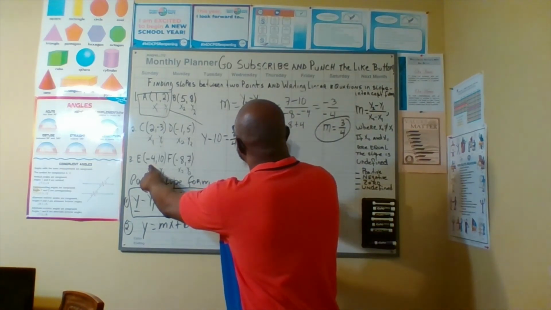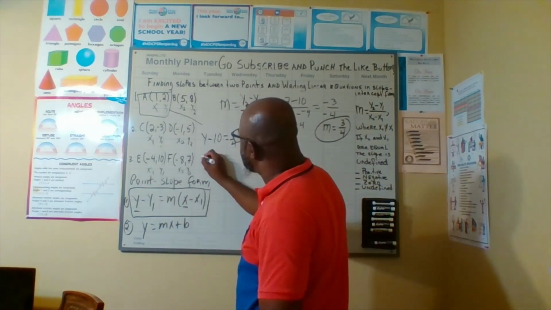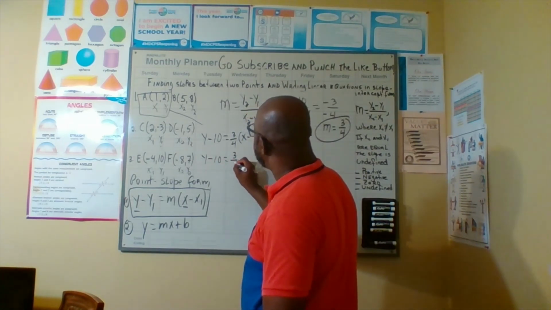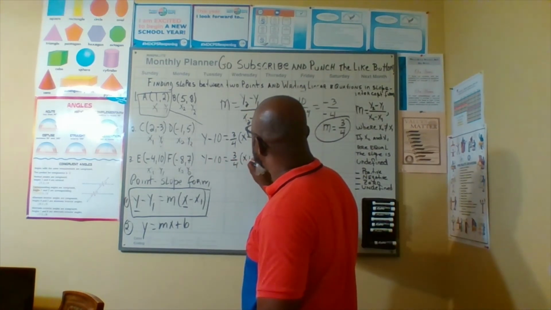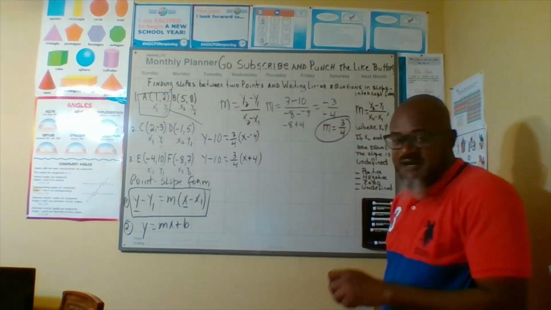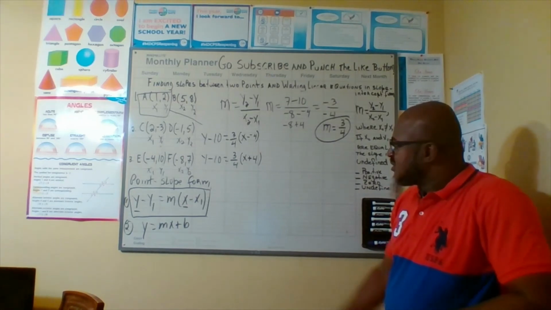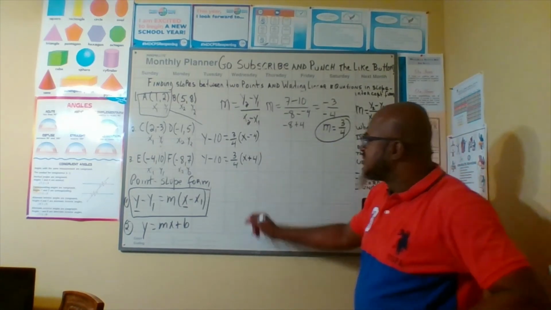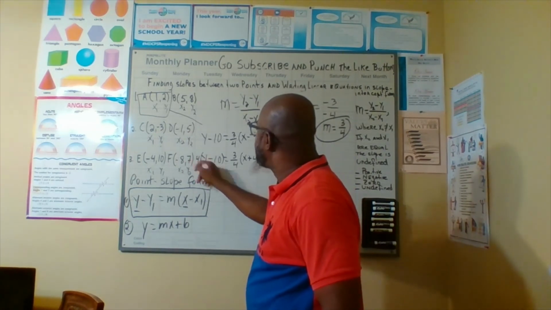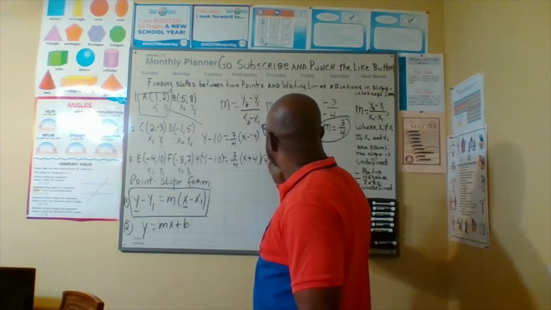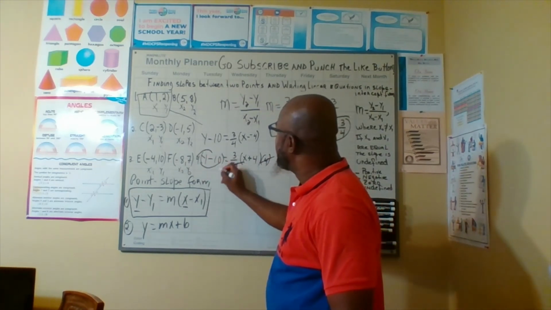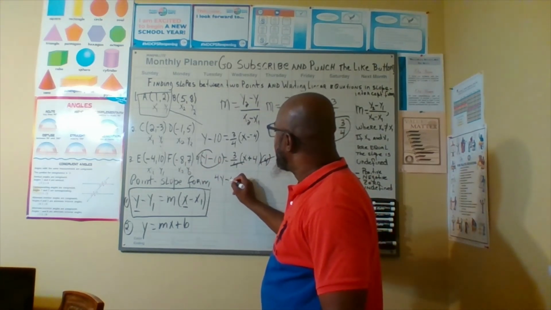Once again, look at it. I have a denominator, I have a fraction. The easiest thing to do is multiply both sides by 4. This 4 cancels this 4 out. Then use the distributive property. We'll have 4y minus 40 is equal to 3x plus 12. In this case, you're solving for y, so you want y to be by itself. You add 40 on both sides.